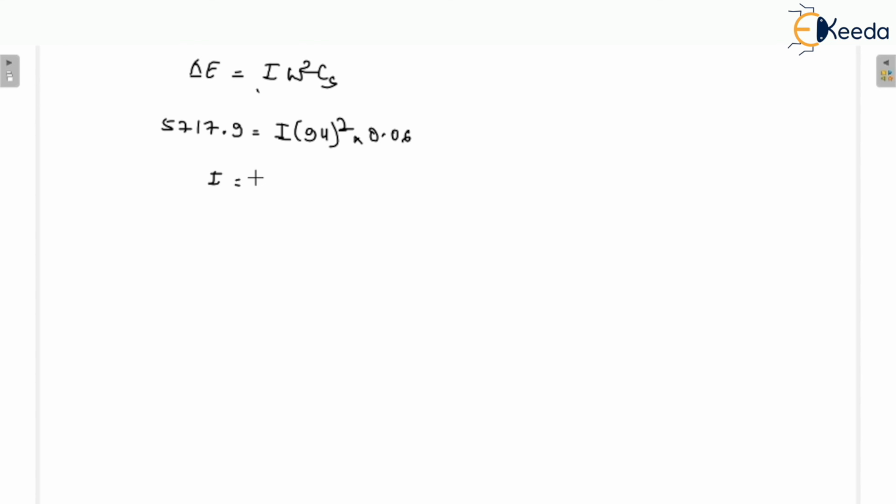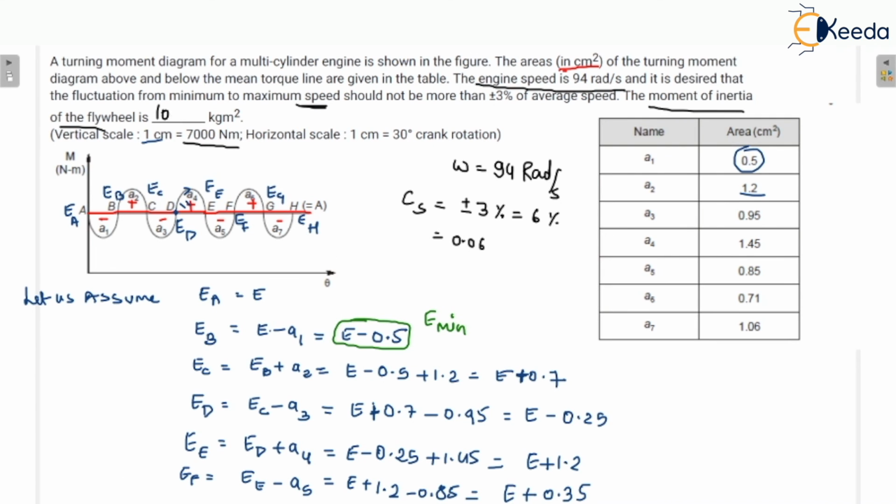I'm just solving this using a calculator, and you should also try and see what answer you get. Finally the moment of inertia is 10.78 kilogram into meter square. That is the answer from these equations, 10.78 is the final answer.